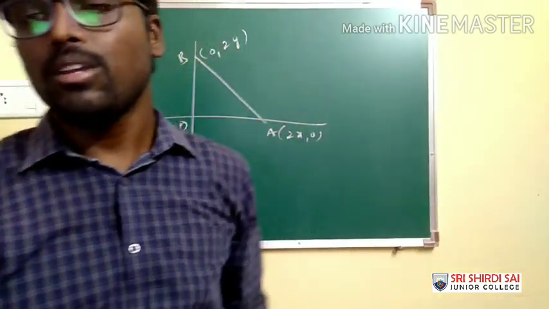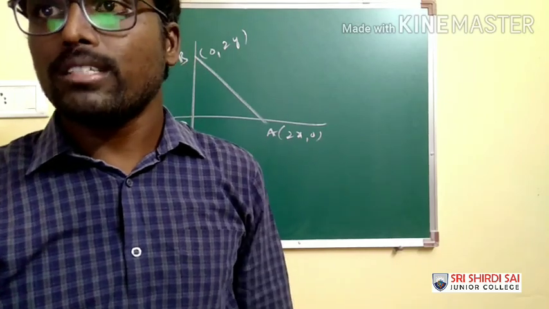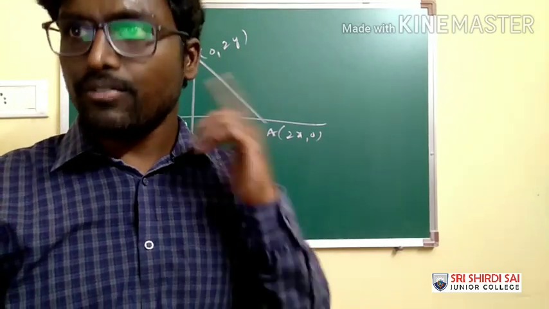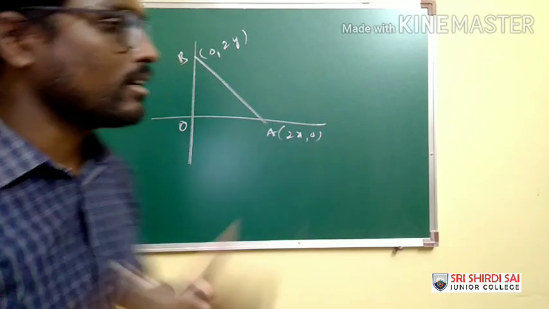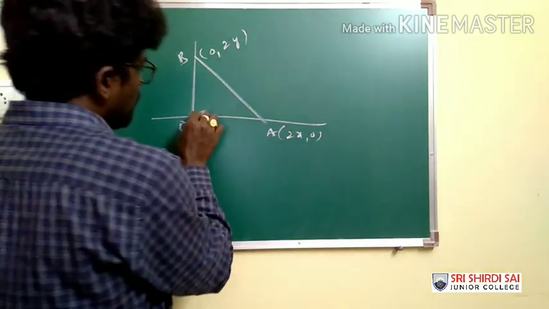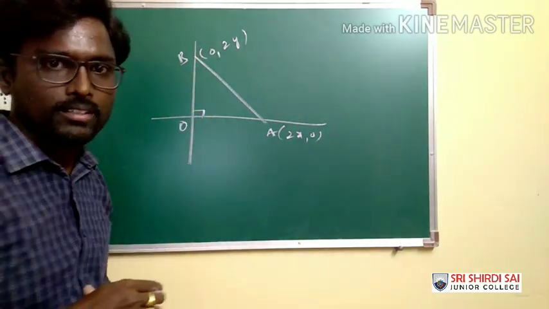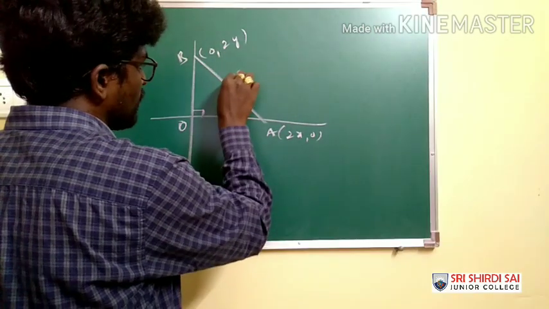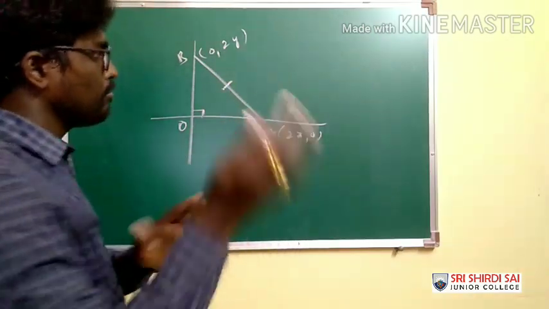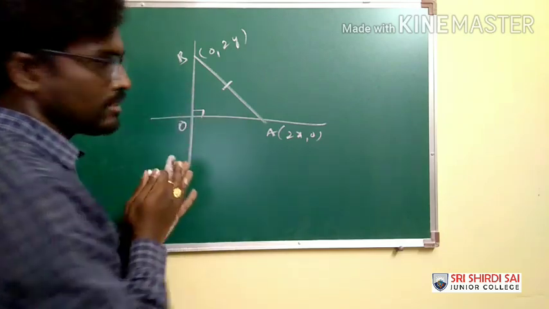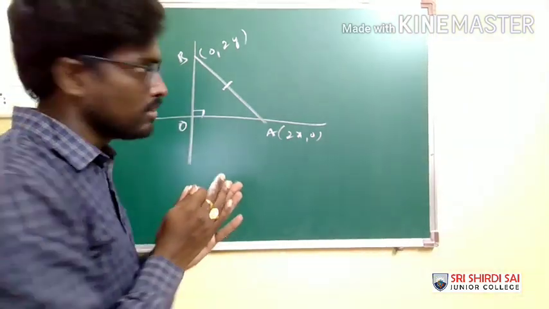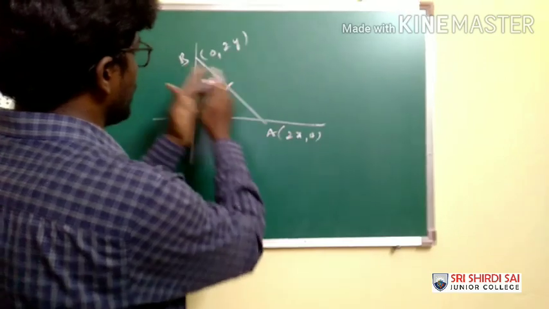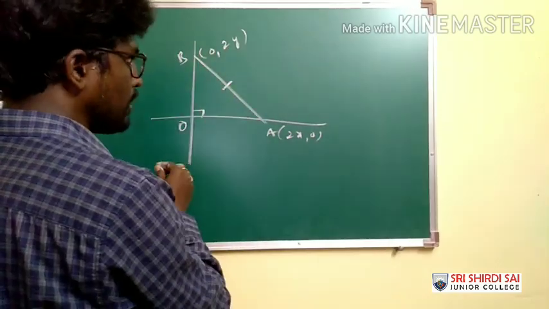Here we are asked to trace out the point which is equidistant from the vertices. Very clearly, it is a right angle triangle. There is a point that will be the midpoint between the vertices A 2x comma 0 and B 0 comma 2y.